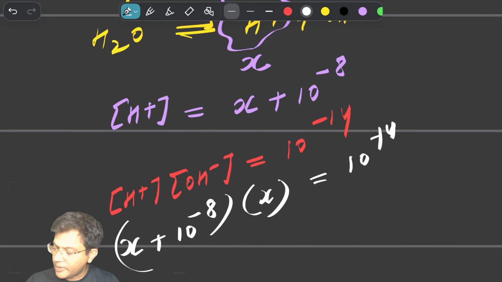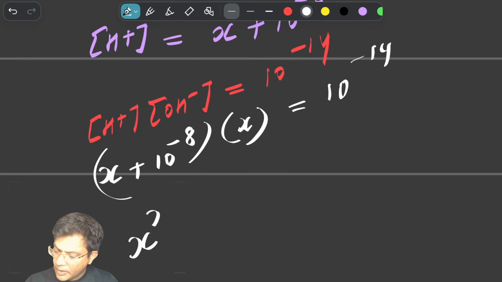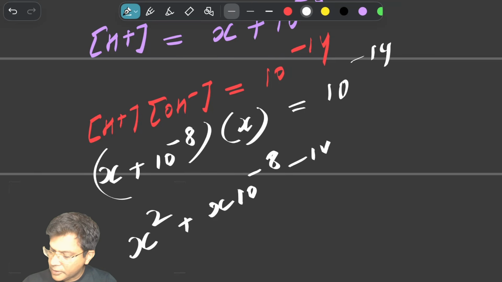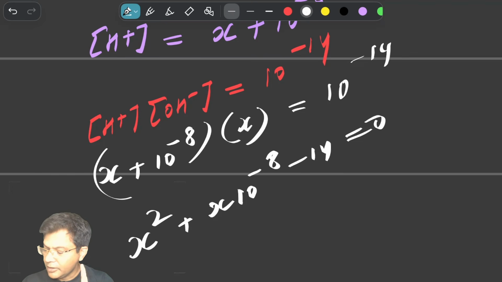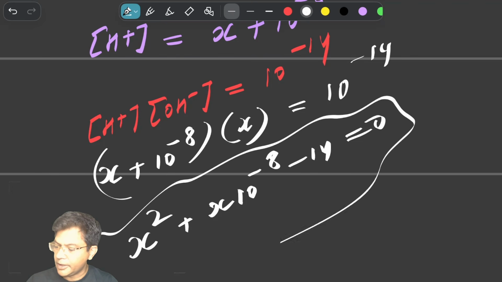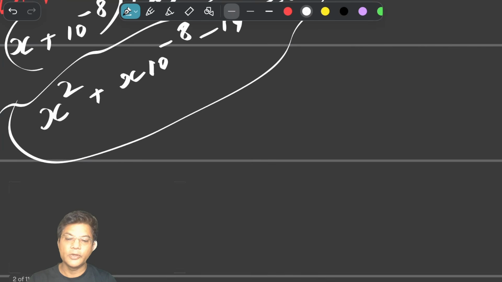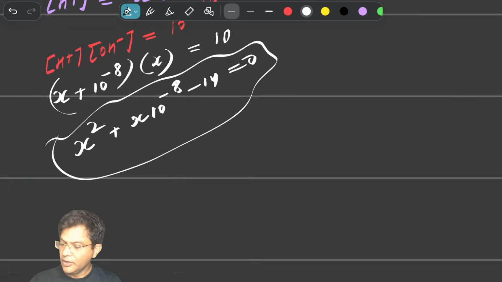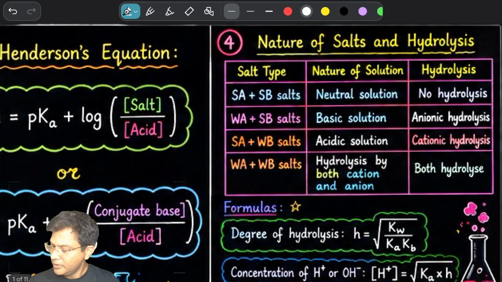Now with simple class 6 level maths, it will become X square plus 10 raised to power minus 8 X minus 10 raised to power minus 14 is equal to 0. Ax square plus bx minus c is equal to 0, so it becomes a quadratic equation. You know the quadratic formula: minus b plus or minus square root of b square minus 4ac, upon 2a. So let's go back to our job.